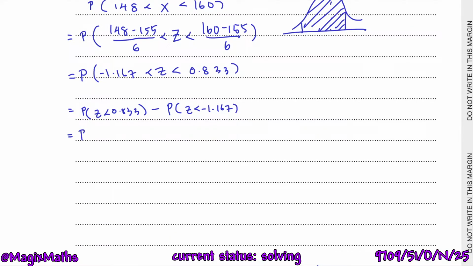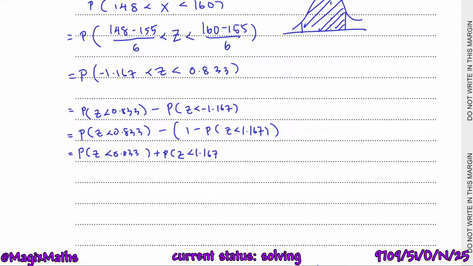So that's just P(Z less than 0.833) minus (1 minus P(Z less than 1.167)). So that's just the 0.833 value plus the 1.167 value, minus 1.